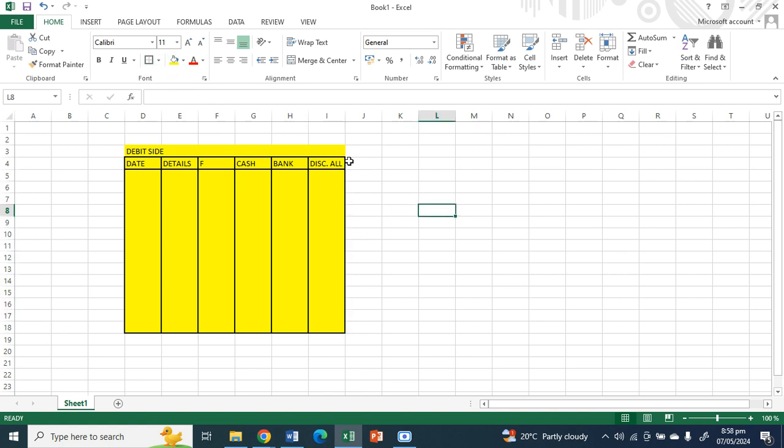Then we have our credit side. We have date, details, folio, cash, bank, discount received.